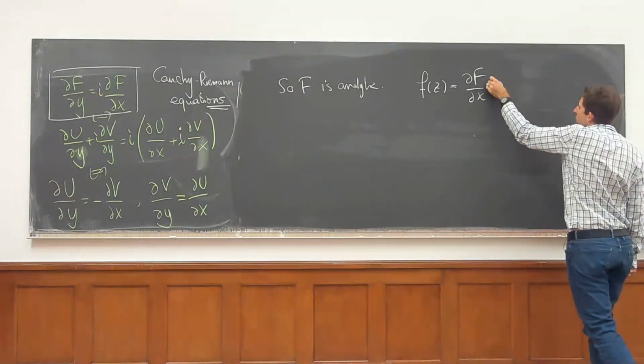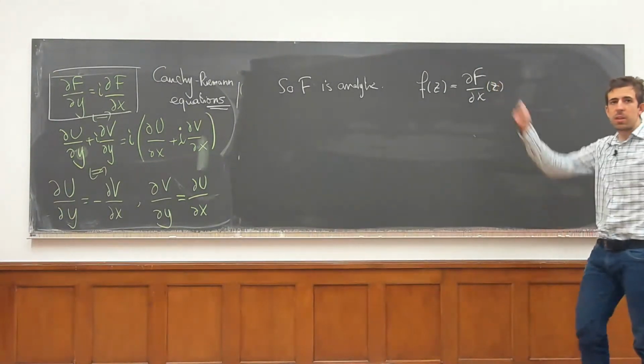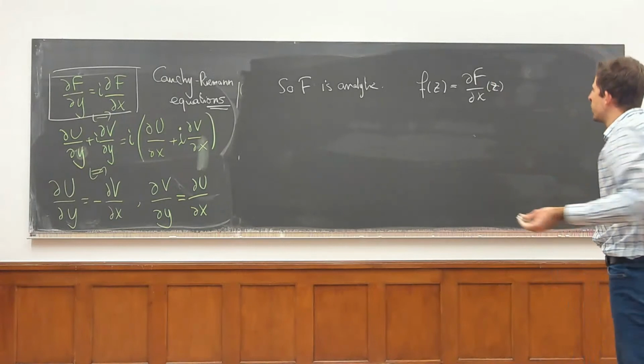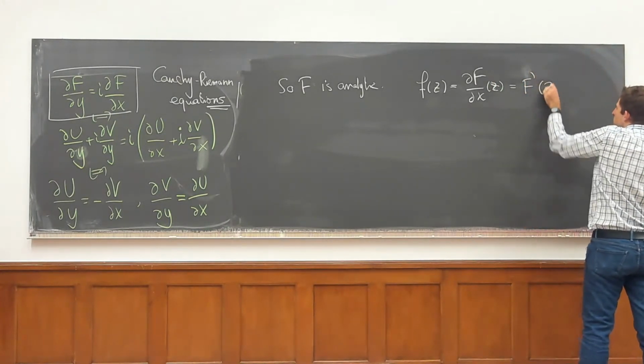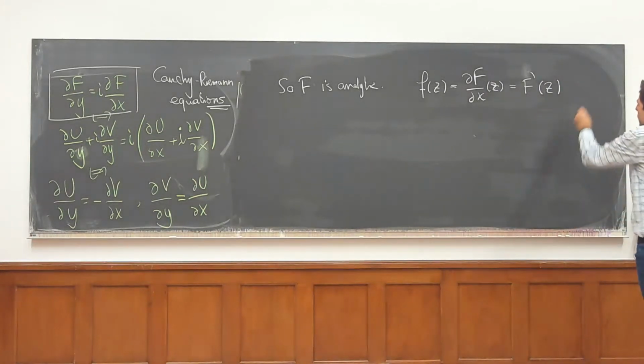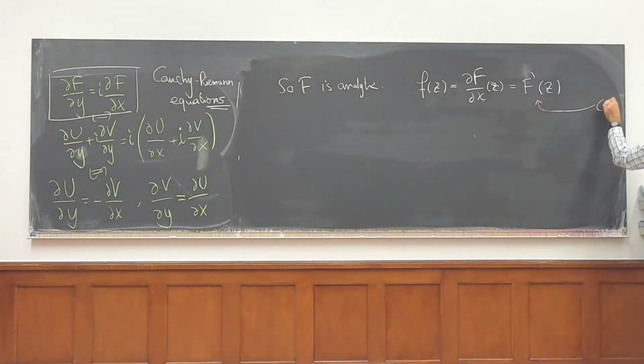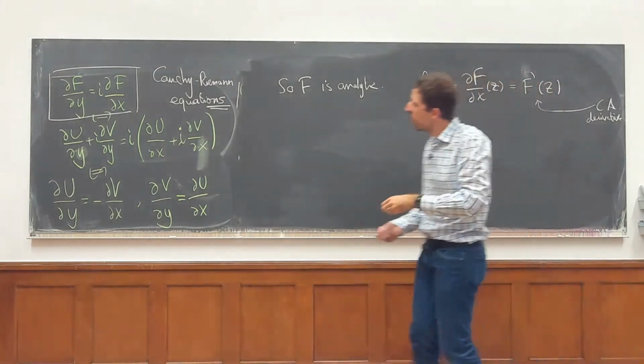But if a function is analytic, the derivative with respect to x is just its derivative. So this is just the derivative from the complex analysis sense. Okay, so in particular, we get a theorem.